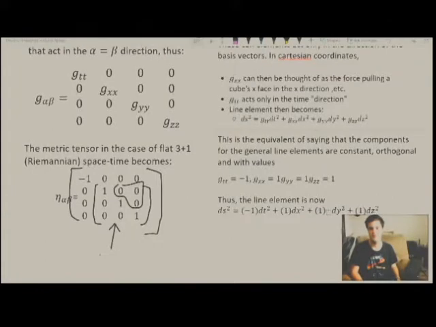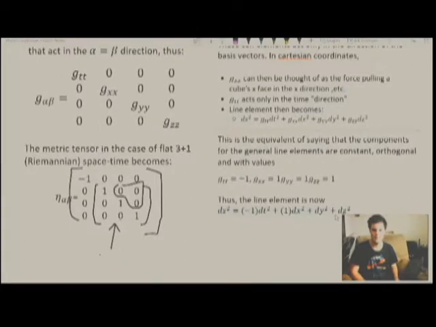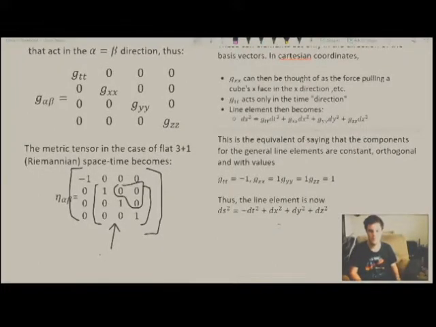We can get rid of that, and then boom, you can even take it a step further and get rid of the ones altogether. You just take the ones out. And then there you go. That's your line element for your metric.